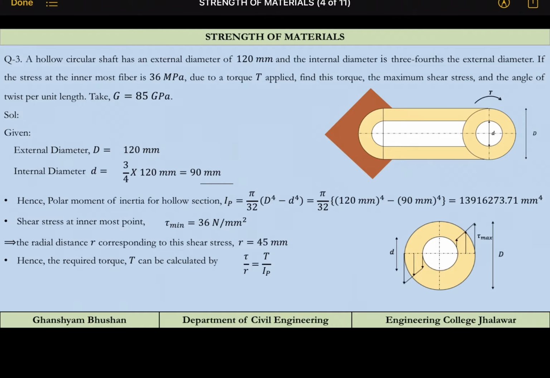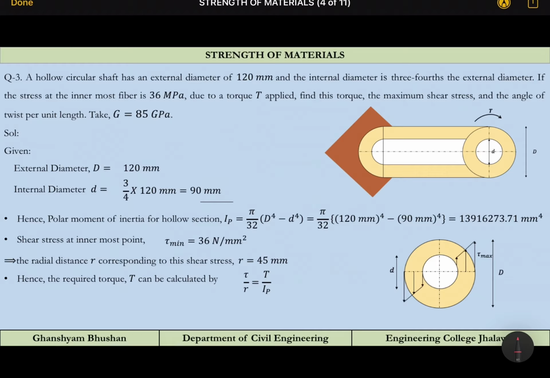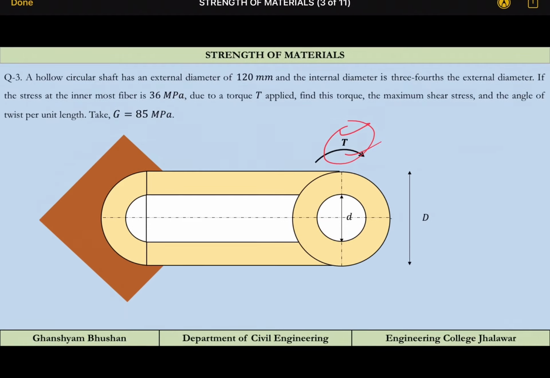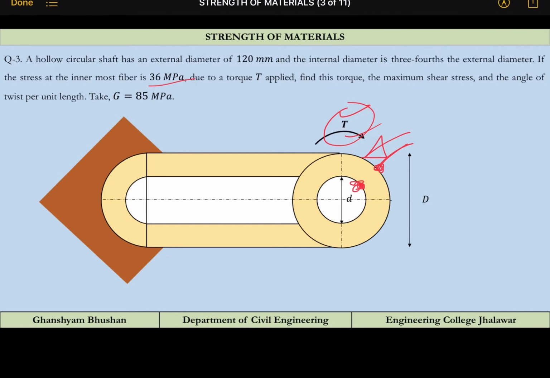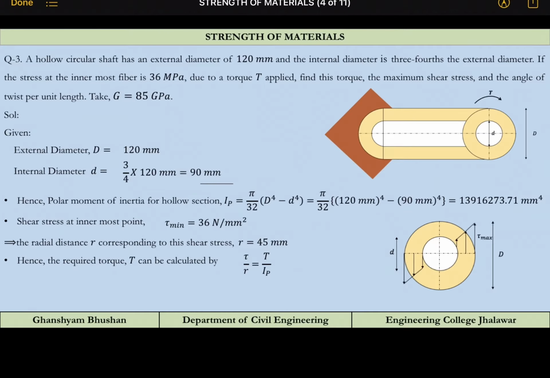One more thing: the stress given to us is at the innermost point. We have to calculate at the periphery, because the extreme fiber distance is maximum there. The given 36 MPa is for the inner point, and we have to calculate for the outer point.